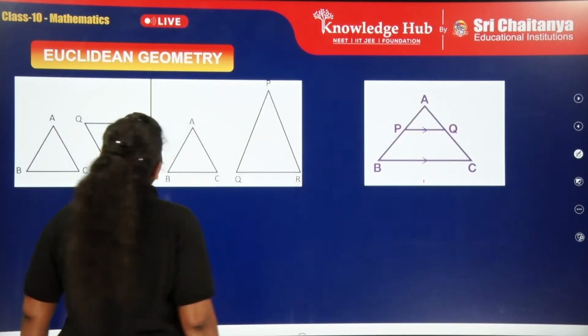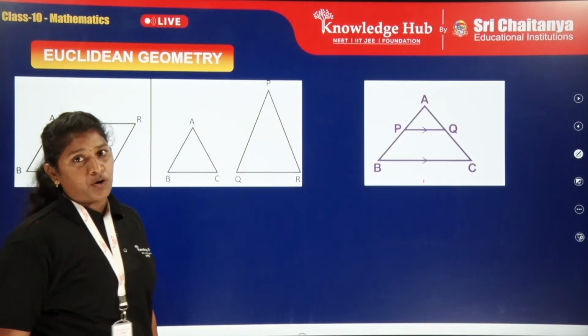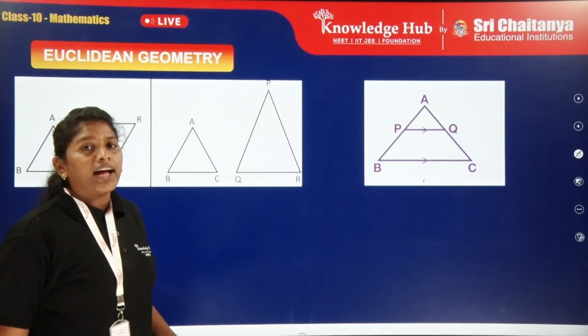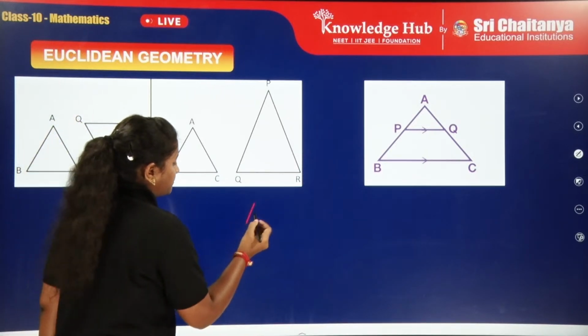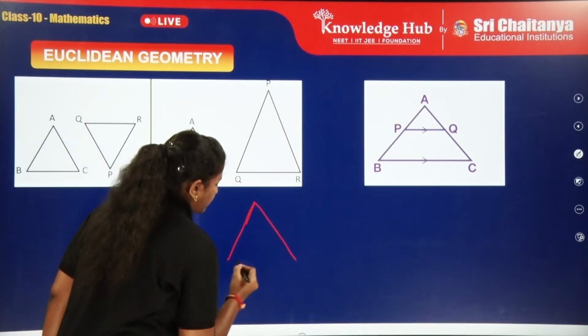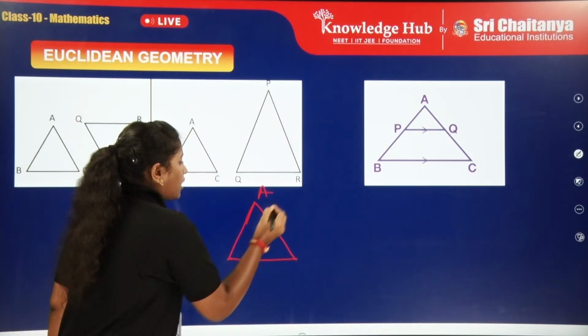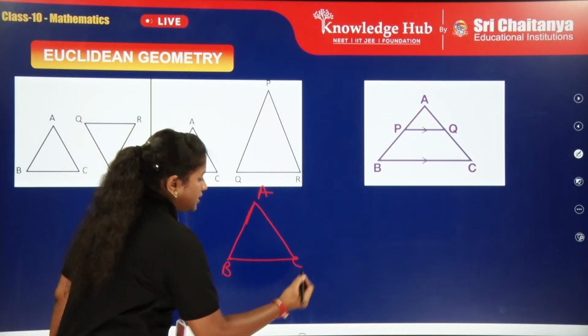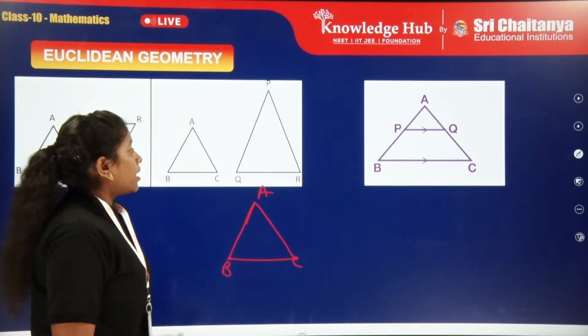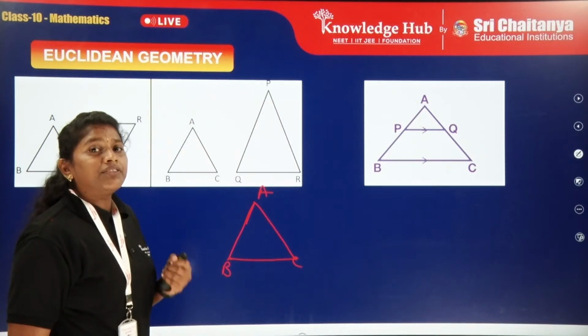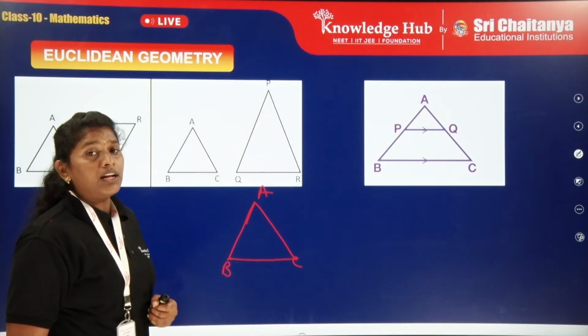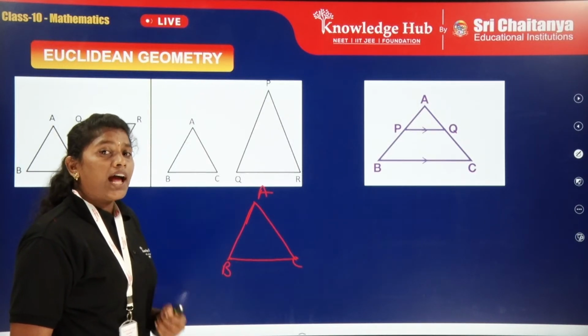Now, let's discuss another part of Euclidean geometry, that is your triangles. So we know that we have a triangle. Okay. Now just consider the vertices are A, B, C. Coming to the triangles, we have different types of triangles depending upon the sides and depending upon the angles.